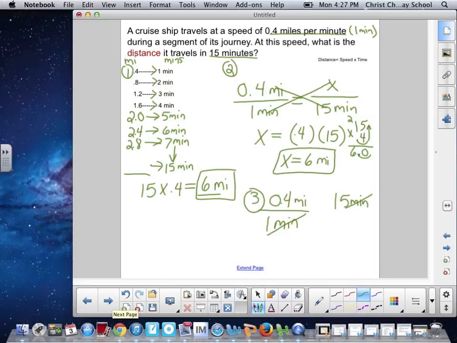So it would just become 0.4 times your 15, and what's left over is your miles. You would just get, again, 6 miles as your distance. This is cross-canceling terms.